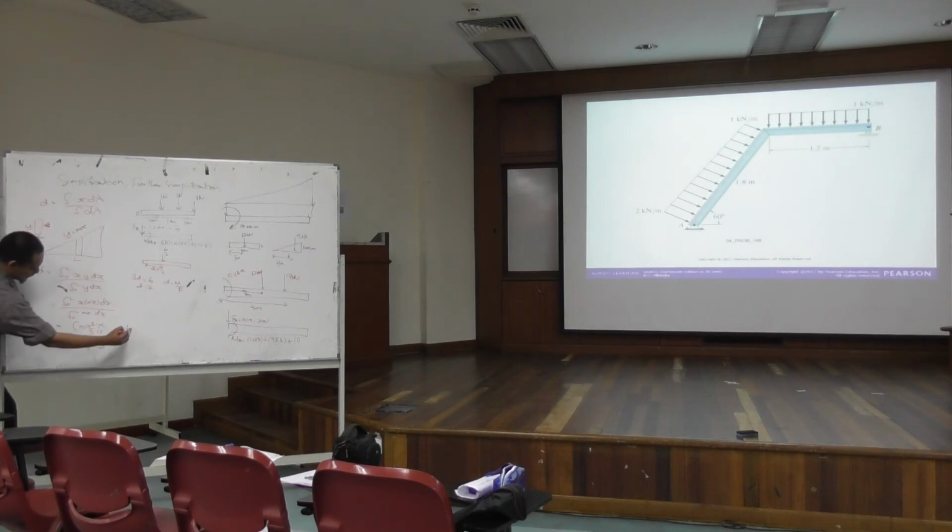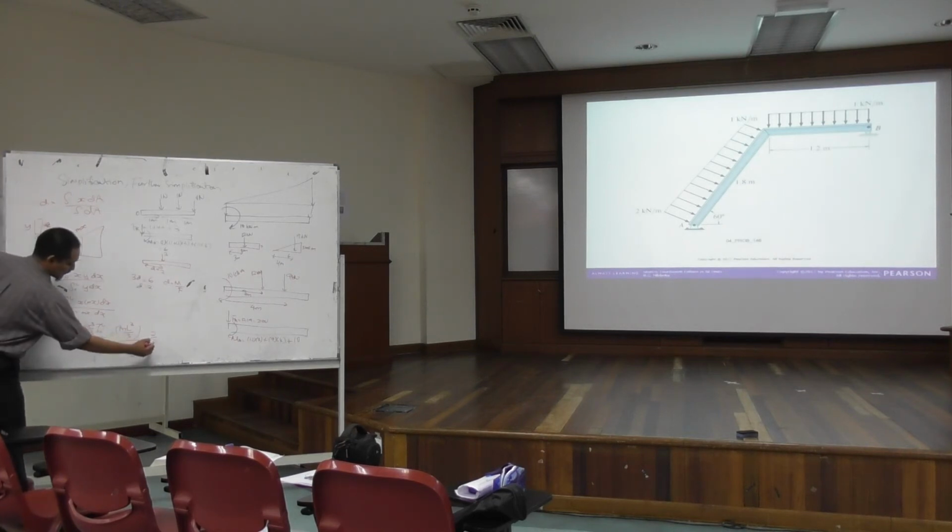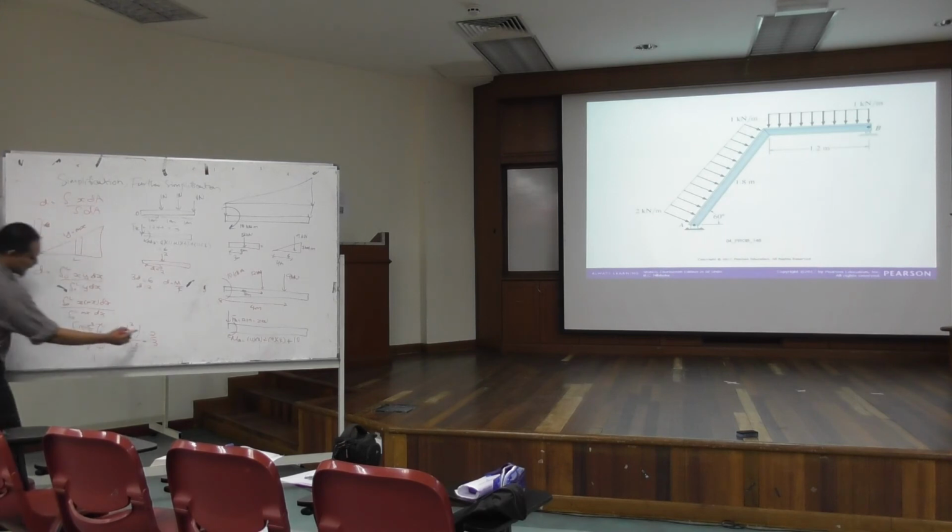Basically mL cubed over 3 divided by mL squared over 2, right? What do you get? 2 over 3, right? 2 over 3 L. So the force here is at 2 over 3 L. And of course then this will be 1 over 3 L. That's where the ratio comes in.